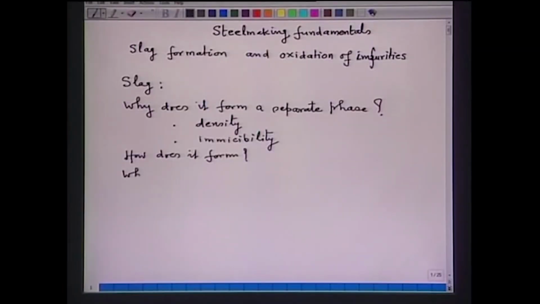Now, what is the role of slag in steel making? In fact, I will say this way: make a slag and slag will make your steel.